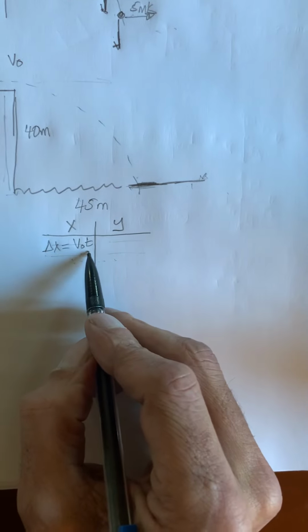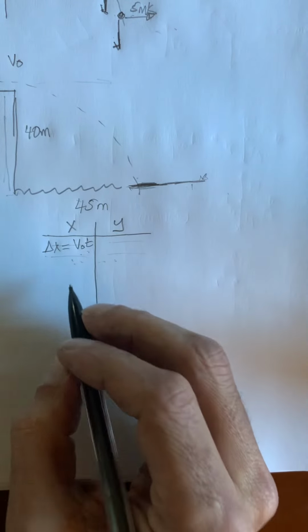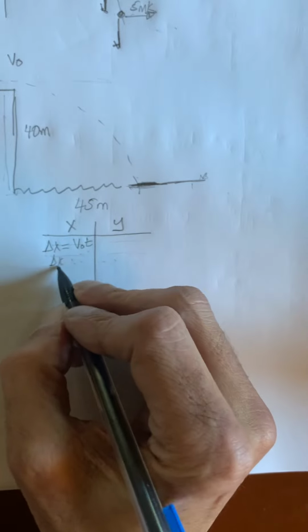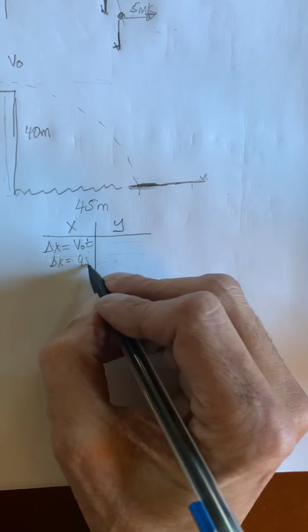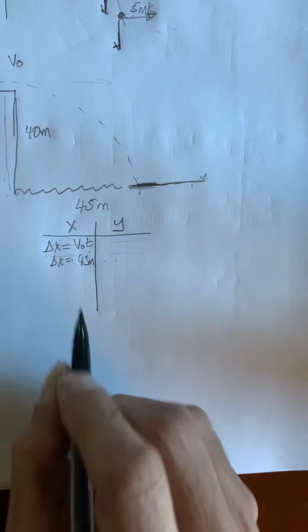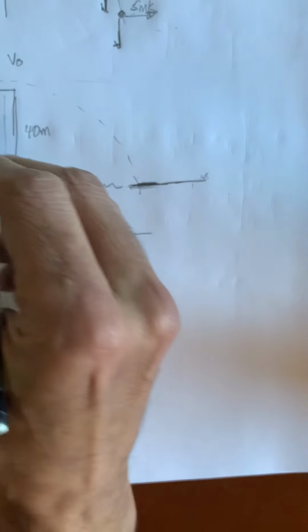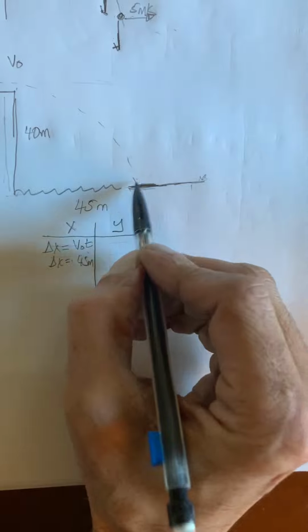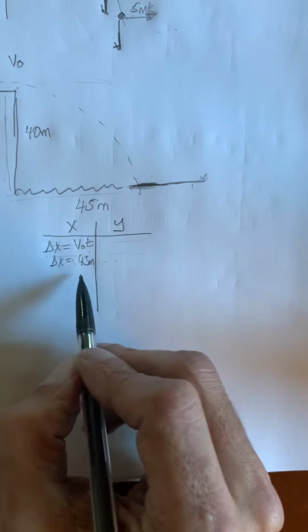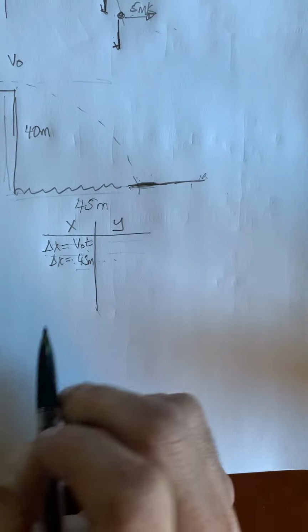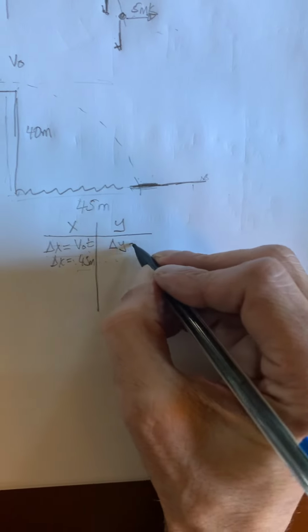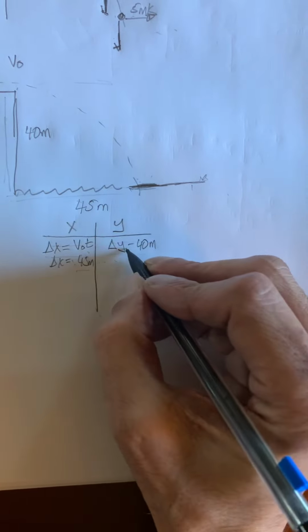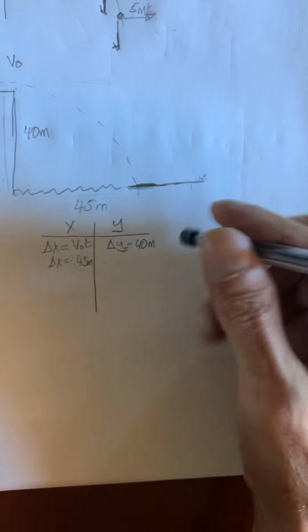So I need to figure out how long it's in the air. I know my delta x is equal to 45 meters. That's how far I've got to make my delta x. When this comes from here to there, my x displacement is 45 meters. My y displacement will be negative 40 meters. I hope you all know why it's negative.